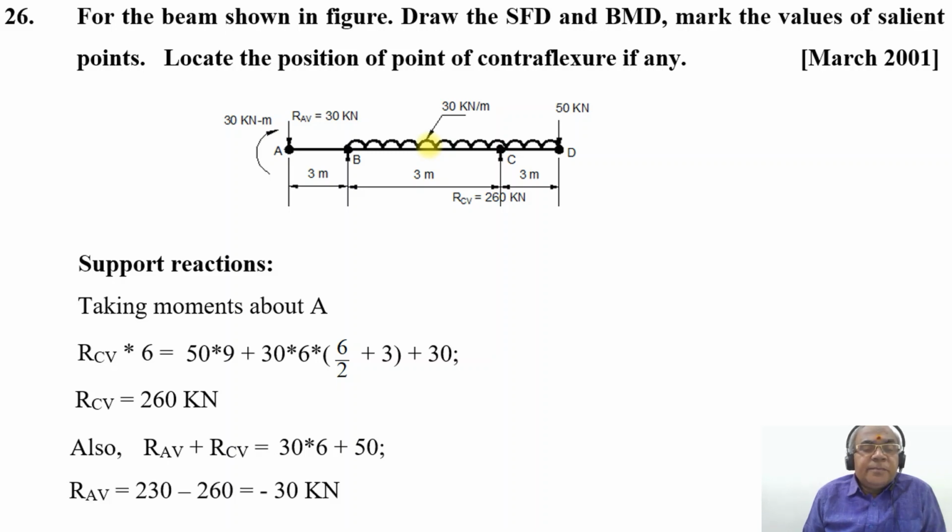Taking that to the right hand side, you get 30 into 6 plus 50, which is 180 plus 50, which is 230, minus 260. Therefore you get minus 30 kilonewton, which is RAV. Since you have the negative value, the reaction at the point A in the vertical direction will be 30 kilonewton acting downwards.